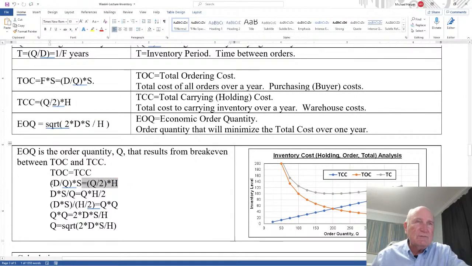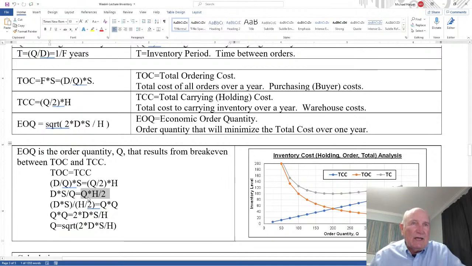Then I do a little bit of algebra here. I reorder this to have D times S over Q, and I reorder this to have Q times H over 2.